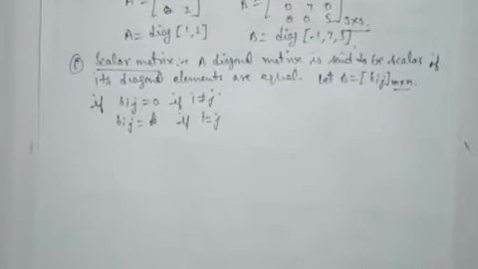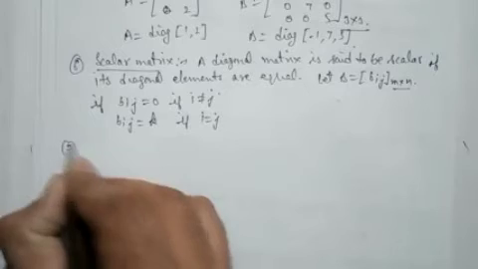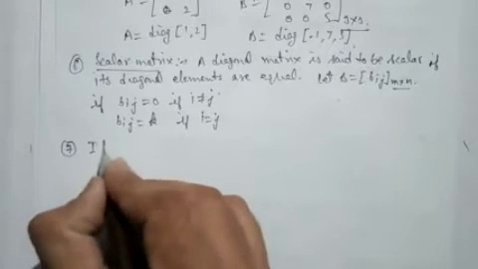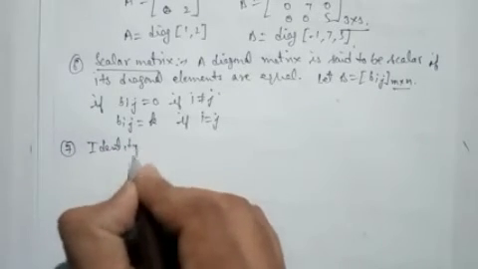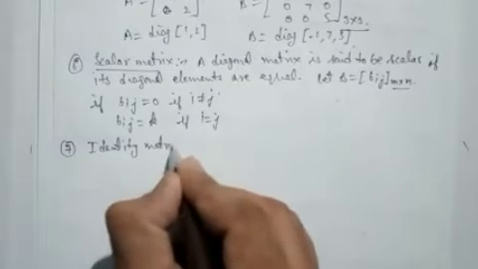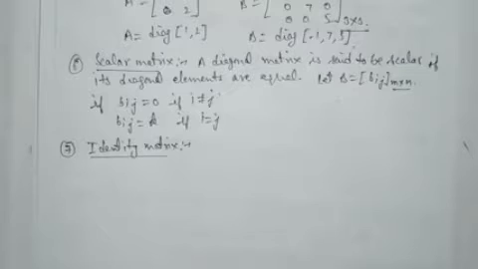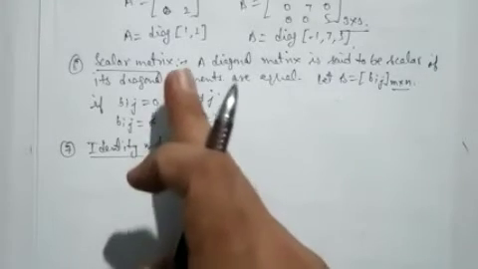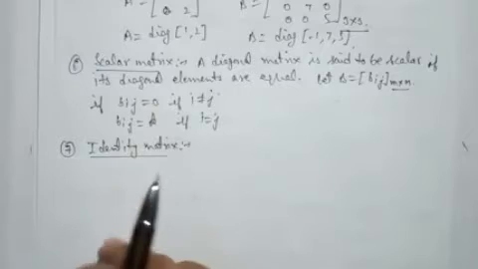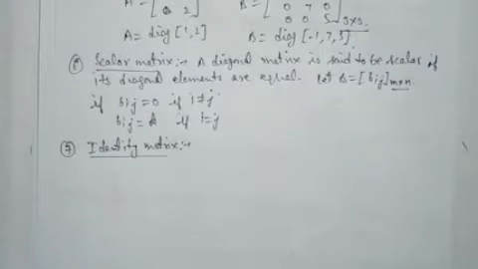In more compact form, next is the identity matrix. Identity matrix is also a subpart of diagonal matrix and also a subpart of a scalar matrix. The difference between identity matrix and scalar matrix is that all identity matrices are scalar matrices, but all scalar matrices need not be identity matrices.